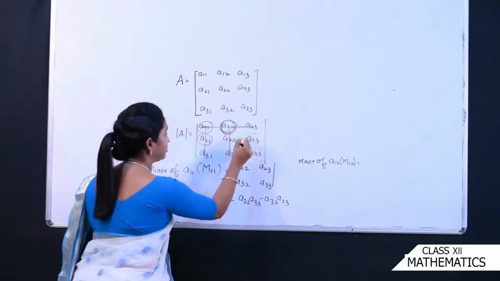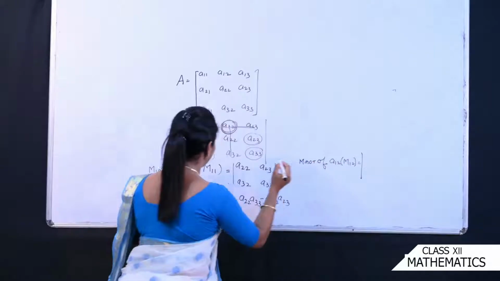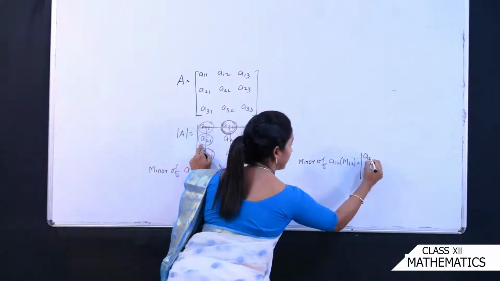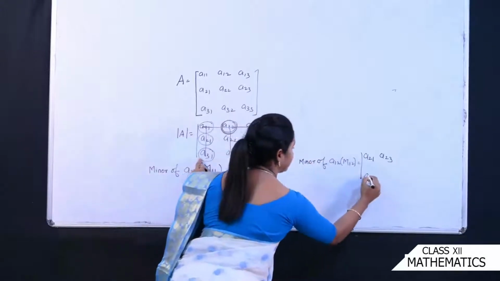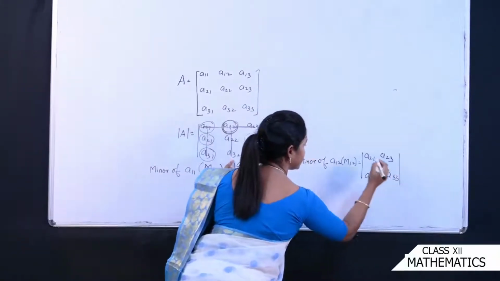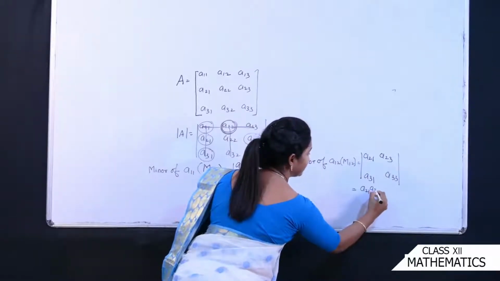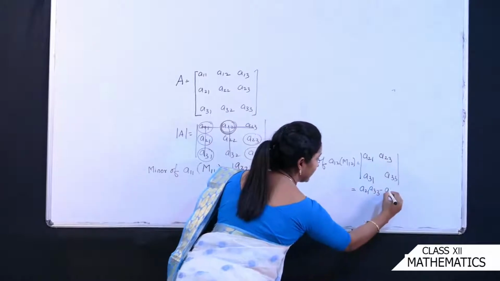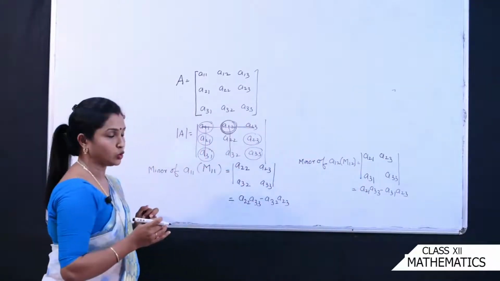This element, this element, this one and this one are left out. So what are we going to write down? A21, A23, A31 and A33. Okay? So just cross multiply. What are you going to get? A21, A33 minus A31, A23. So this is the minor of A12.